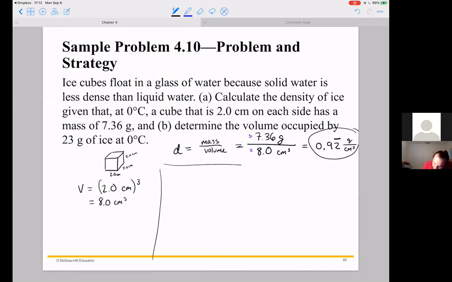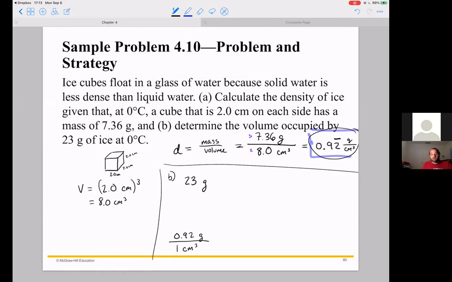Okay, so now going for part B here. I have 23 grams of ice, and I know that its density is 0.92 grams per centimeter cubed. What I'm going to do with this density information is convert it to put it in the same form that I'm used to seeing for my conversion factors, which would be 0.92 grams per 1 centimeter cubed.